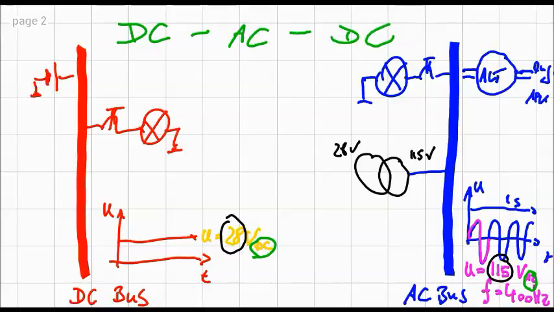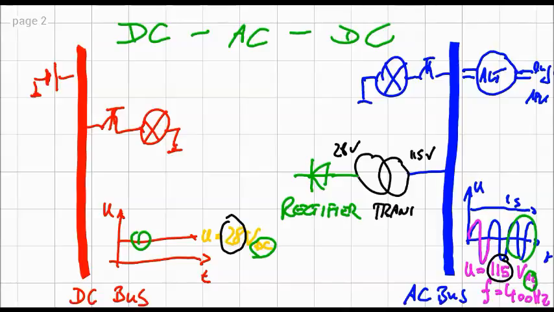So I have to change this up and down on this side into a constant current on that side, and I use a device called a rectifier. So this is my rectifier, and this one we called transformer.